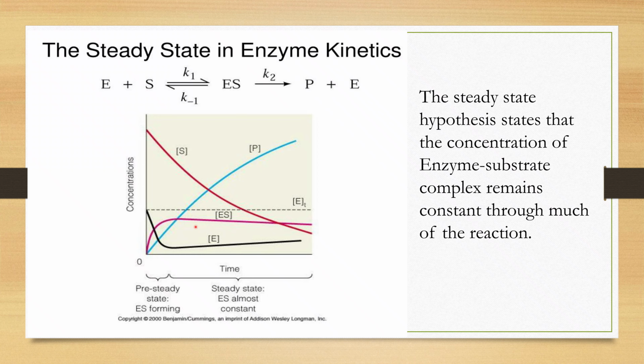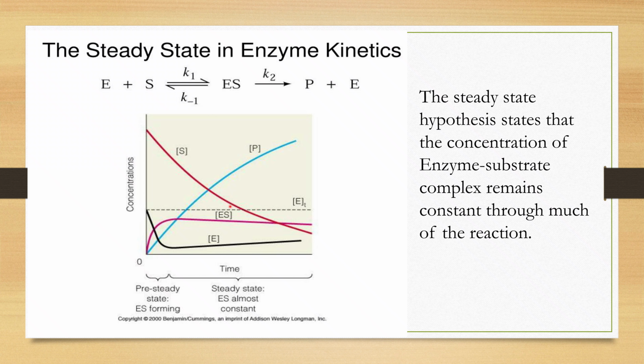Okay, so you can see that the concentration of your enzyme substrate complex remains a bit constant throughout the reaction. Before steady state, your enzyme substrate complex increases linearly, but as soon as the pre-steady state is finished, a steady state is established, that is, your concentration of enzyme substrate complex remains constant.